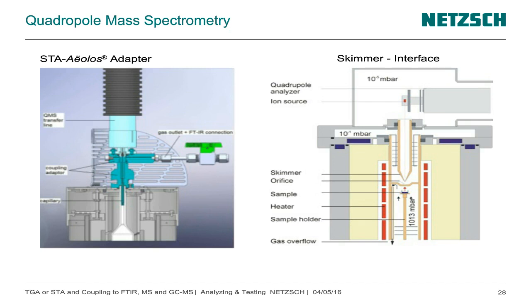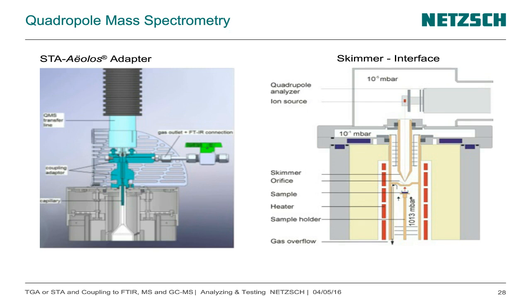On the right side you see our skimmer interface. The skimmer interface is a two-stage pressure reduction into the mass spectrometer, where we have the sample at normal pressure going through a small orifice into the low pressure region, the millibar region, and in the second step via the skimmer orifice into the high vacuum.